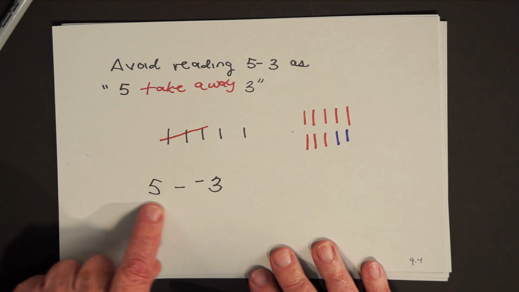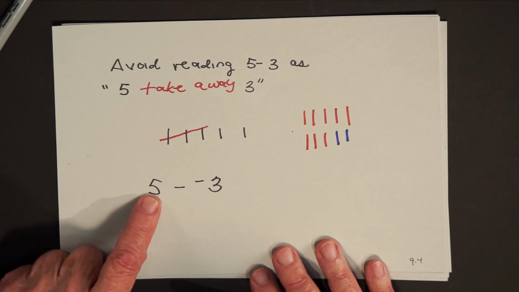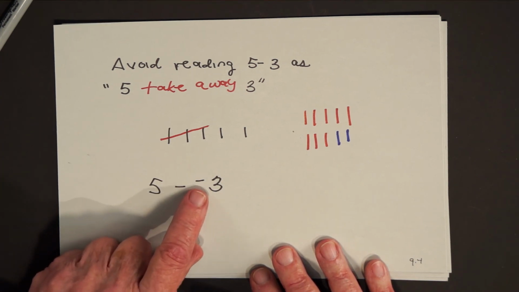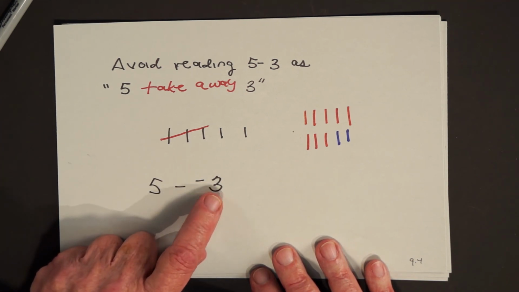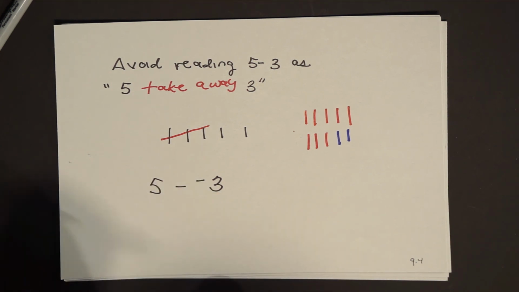However, there are cases where one can interpret this to have a real physical meaning. For example, in terms of profit and loss, you can think of negative 3 as meaning a $3 loss, and 5 as being a $5 profit.